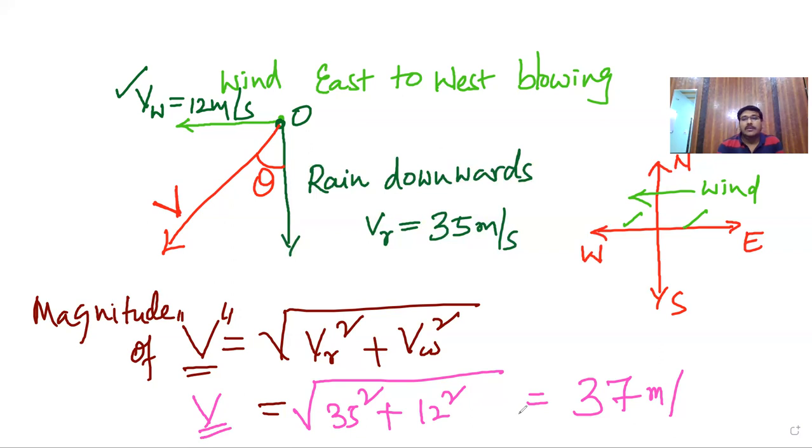Okay, now observe carefully. The magnitude we got is 37 meters per second. Now the direction. This is V_R, rain.